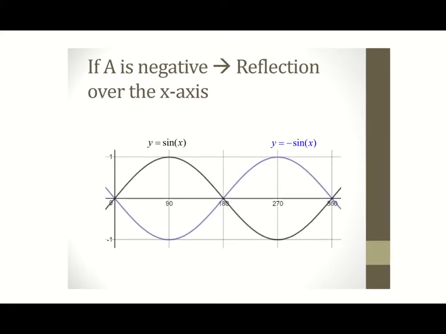So where we have our midline here, all of our values are flipped over the x-axis. So where we have 90, 1, it becomes 90, negative 1. And then where we have 270, negative 1, it becomes positive 1. So it flips over the x-axis.